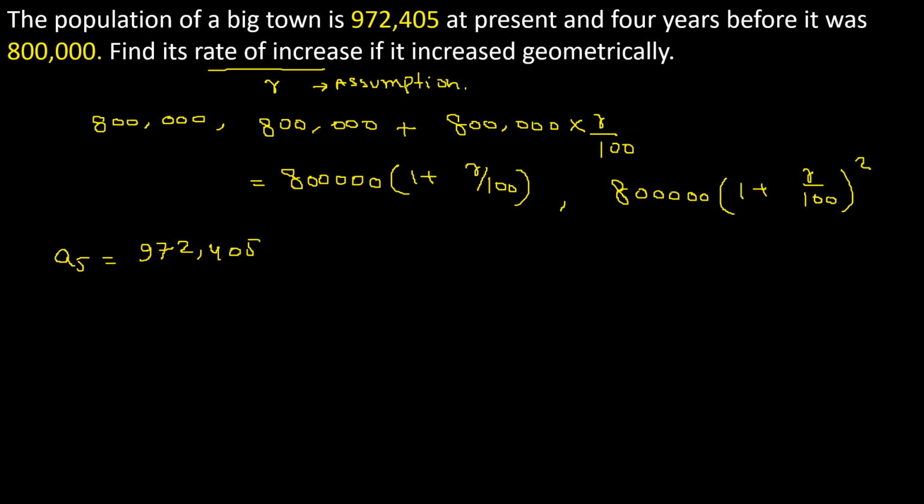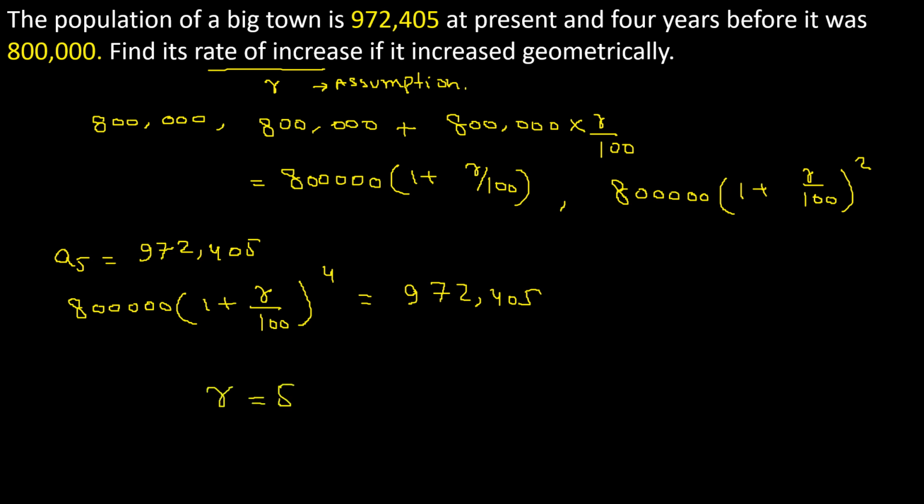So which makes it 800,000 into 1 plus r over 100 raised to power 4 equal to 972,405, and if you solve this equation you will get r equals 5%. So from here we can conclude that this population is increasing by 5%.